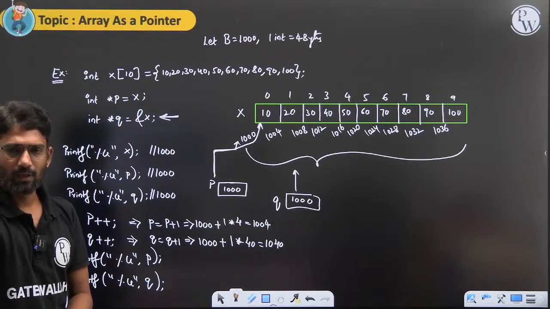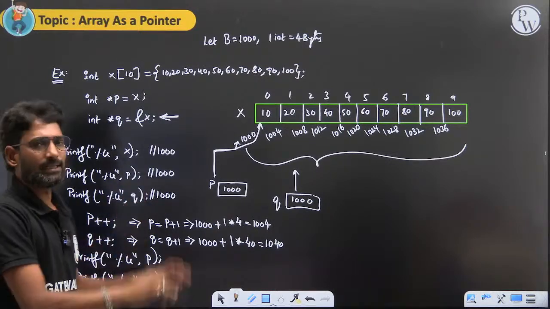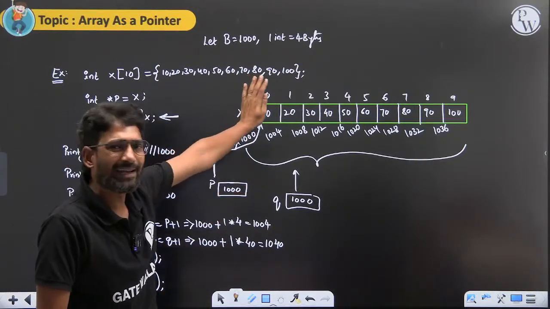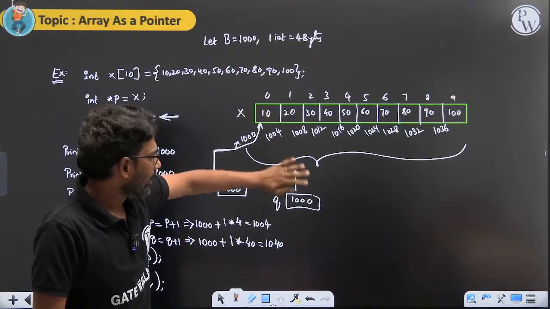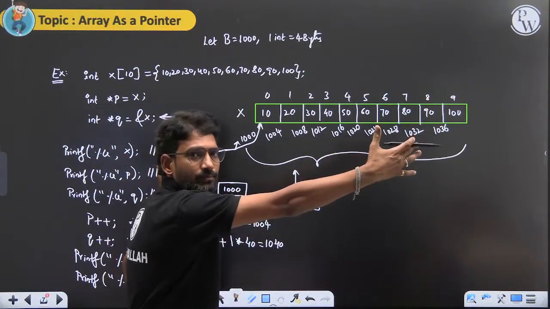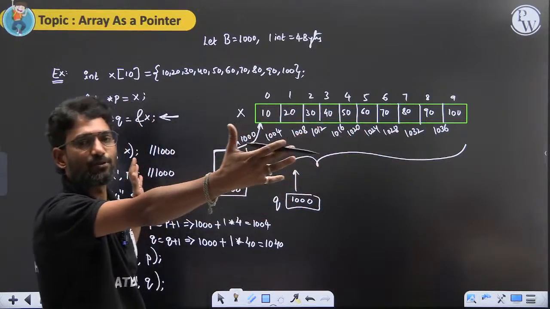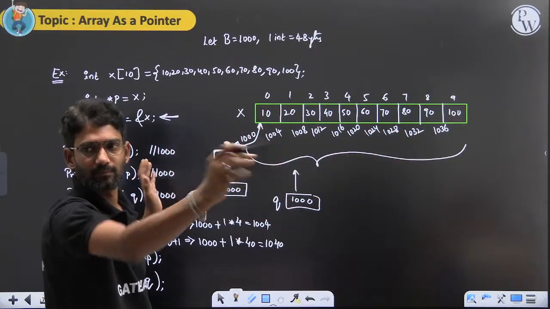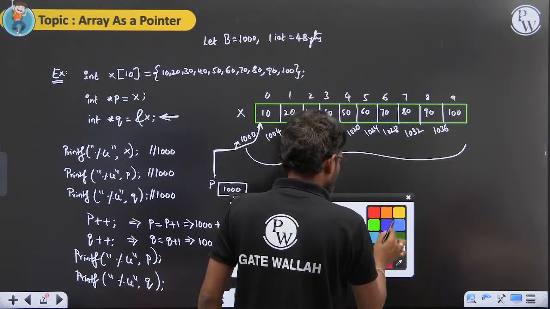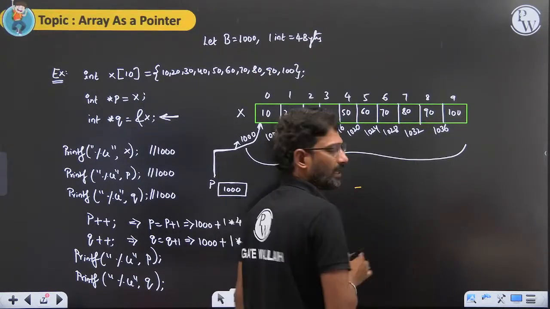So it is very much evident that a pointer can point to one element of an array, or a pointer can point to multiple elements of the array. Right? Now we have got another thing.